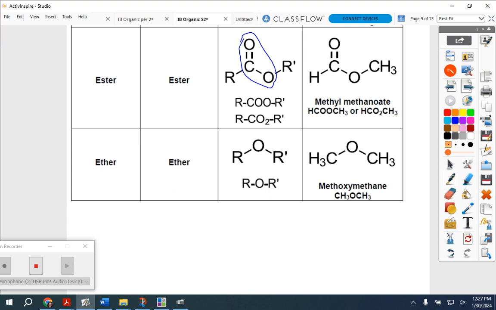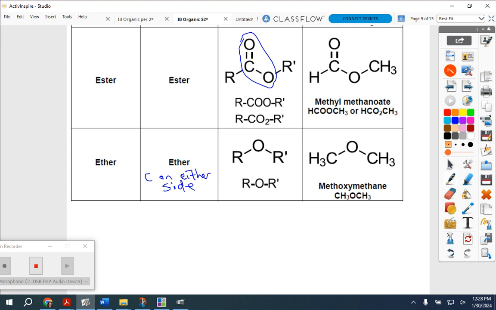The way I've heard is there's carbons on either side, or there's R's or carbon chains on either side of the oxygen, and so it's ether, either.